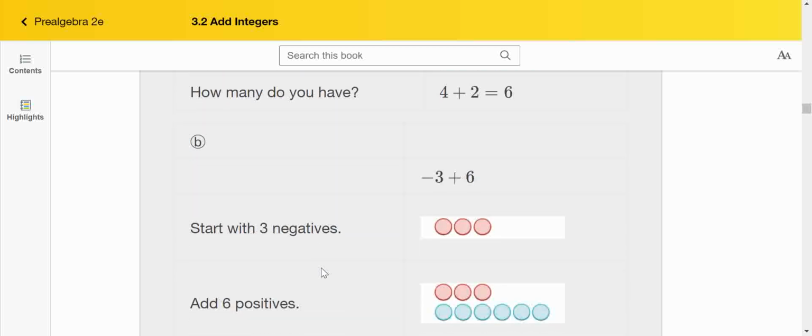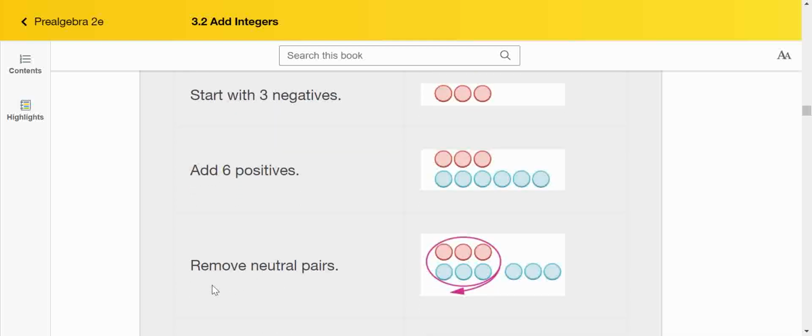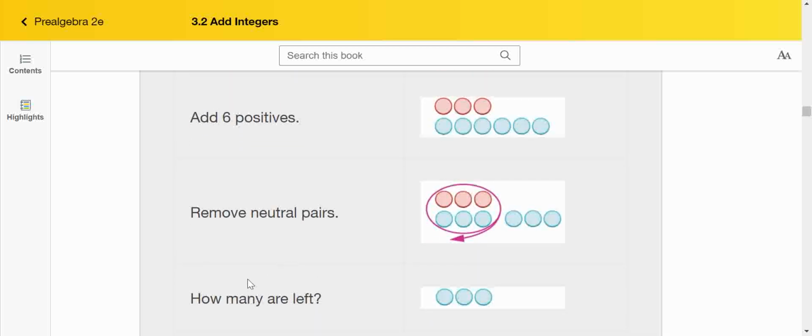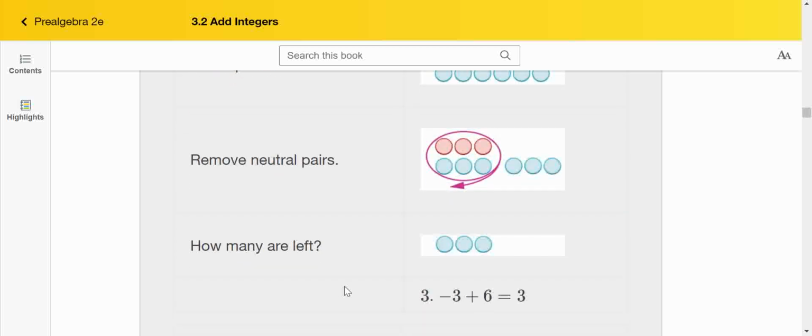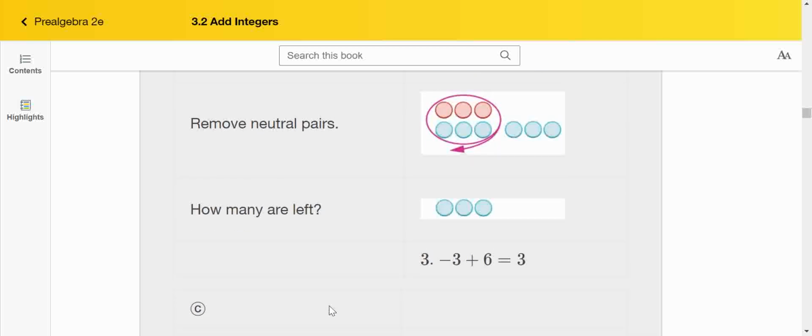For B, minus 3 plus 6, start with 3 negatives, add 6 positives, remove neutral pairs. And how many are left? 3 positives. So minus 3 plus 6 equals 3.